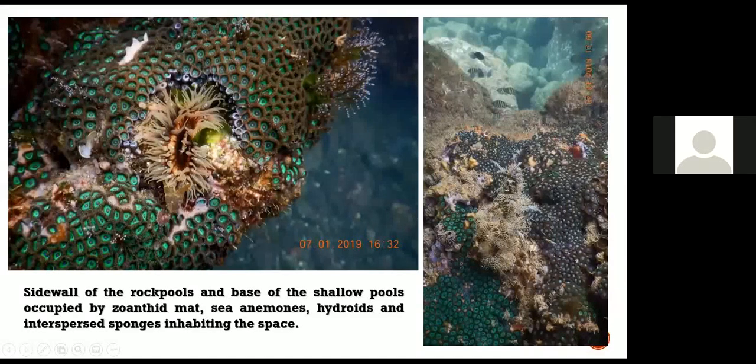You can name any group from the invertebrate phyla which lies alongside the rock pools or underside of the pebbles. So there are polychaetes, there are sponges, there are anemones, there are the zoanthid mats, then hydroids, and so on and so forth. There are also some algae which are found along the lateral walls of these rock pools.